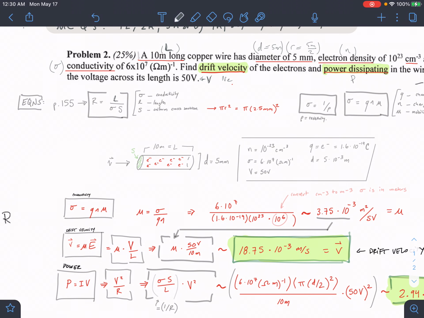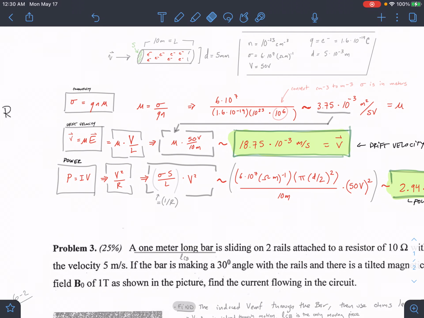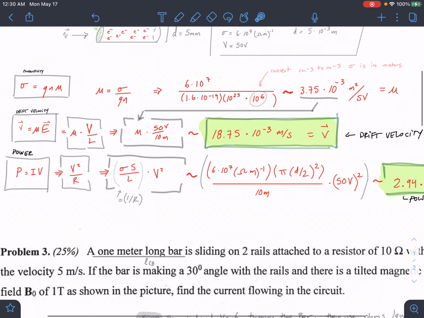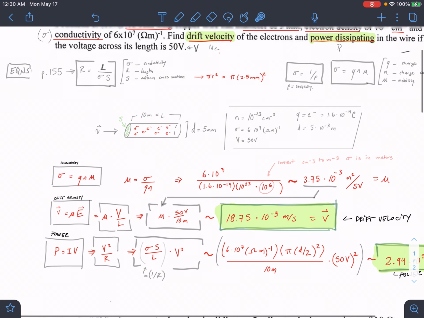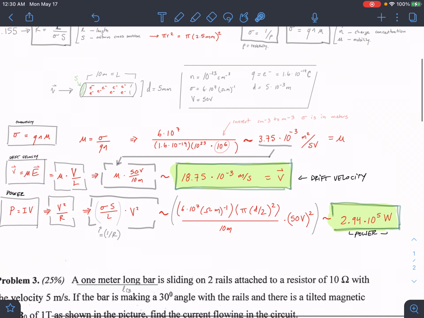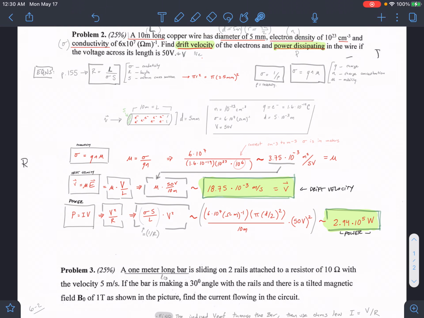Maybe I should just keep this as capital L just to be consistent. And then that's going to be multiplied by our V squared. Our voltage in this case is still 50 volts. So we're just plugging that in here, and then that will give us our total power in watts. So we have our electron drift velocity in meters per second, and then our power in watts.